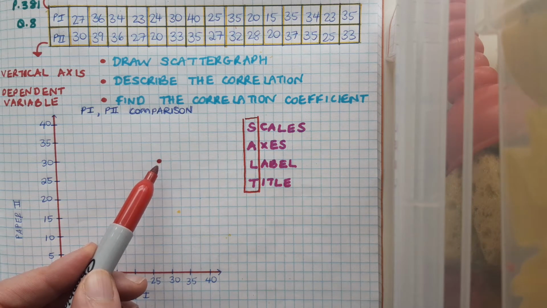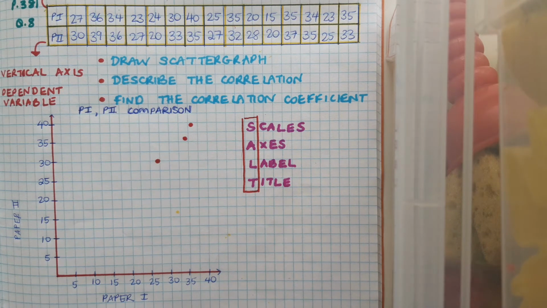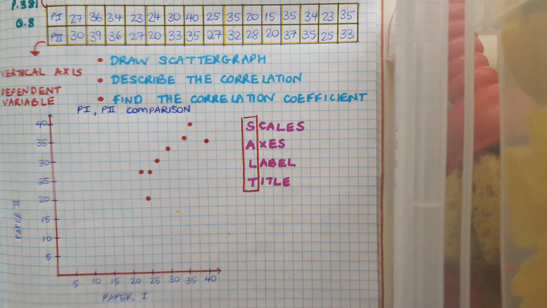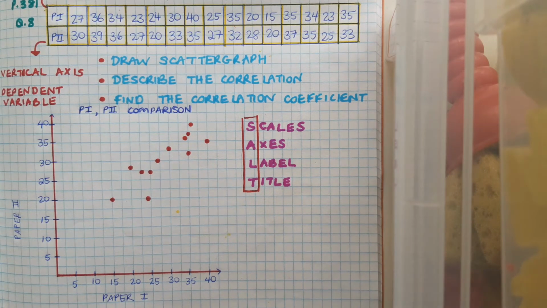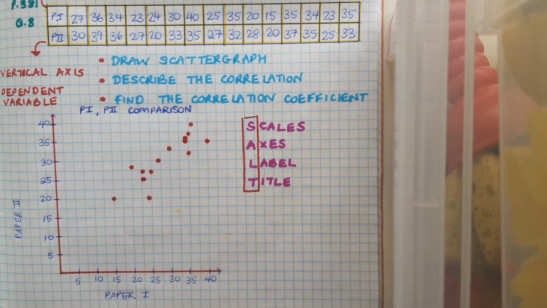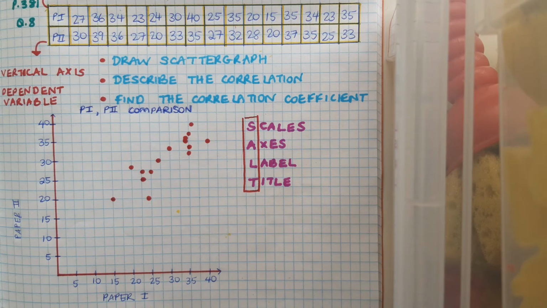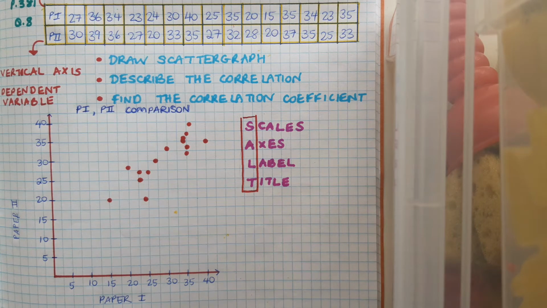I repeat this for all the other points on my table. At the end of this process, I've got 15 points marked on my scatter graph.